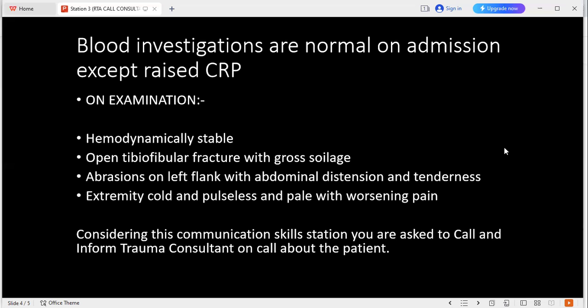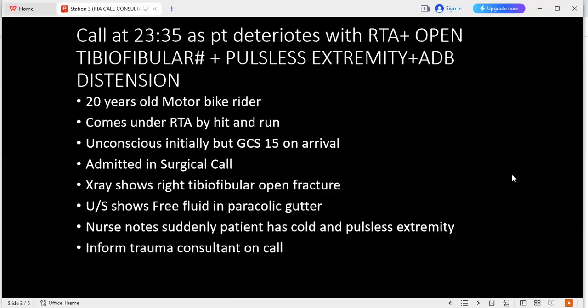I will check the fluid chart, the central venous line, also urinary output, and the pulse and blood pressure and capillary fill time. What blood investigations would you send? I will send complete blood count, renal function test, liver function test, and blood grouping and cross matching.